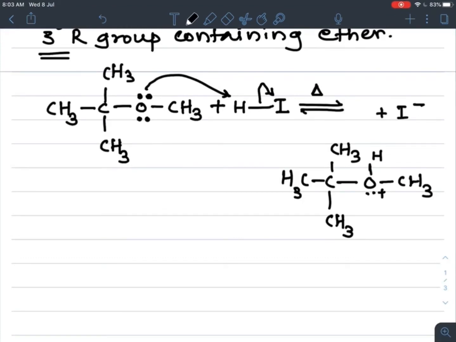Now what happened? Here two types of bonds are there. This carbon is more substituted and this carbon is less substituted, that is less steric hindrance, less electron crowd around this carbon.